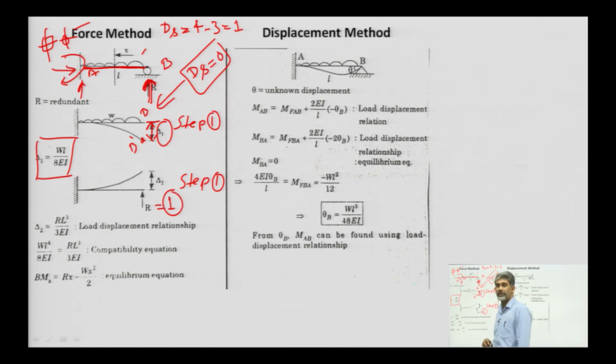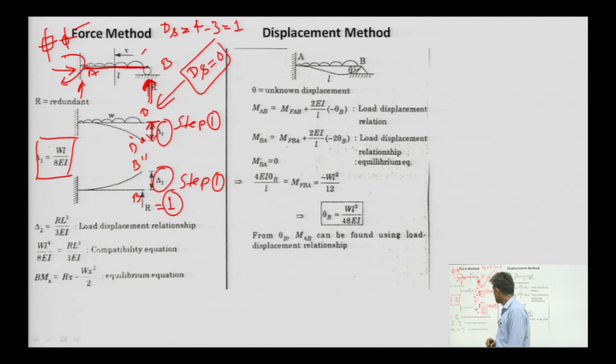First you apply the unit force, and when you apply it, this point B will shift to another point B dash, and we find out the value of delta 2.